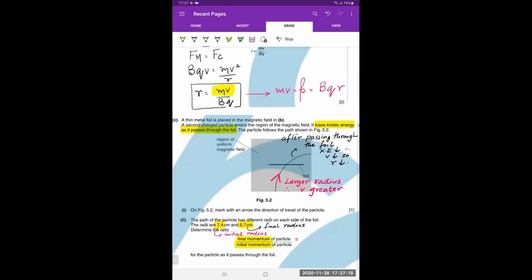So final momentum should be b times 2 times the final radius 5.7. Let me write this in black color so that you can distinguish the diagram. One second, sorry.